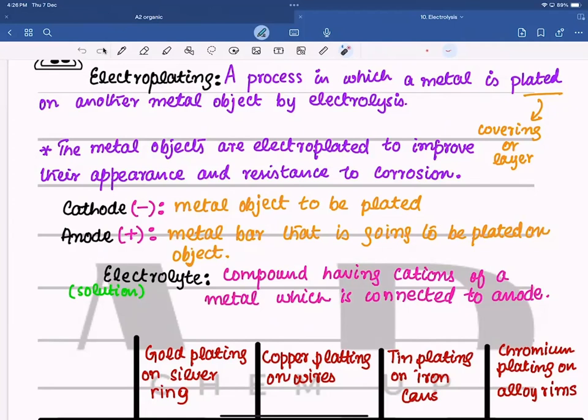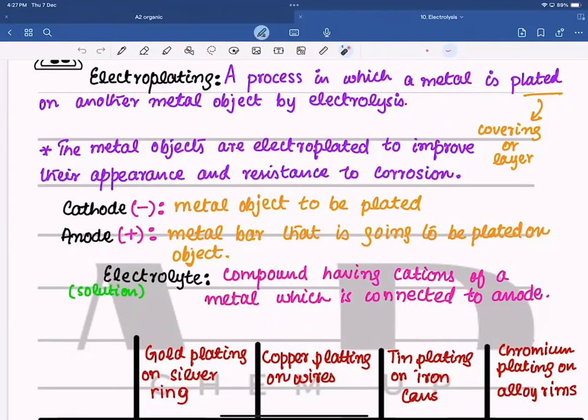Yes, Khatija? What was the rule for cations to be reduced at the cathode? It was the one which is lower in the reactivity series will be reduced first. It was the rule, right? Yes.